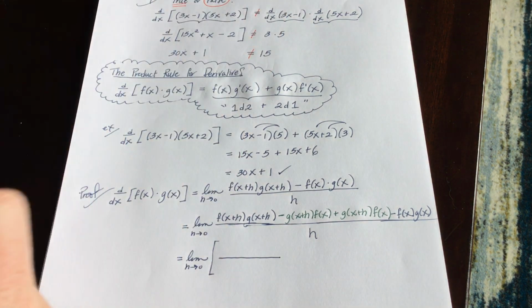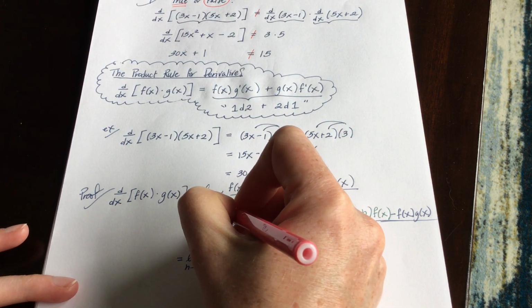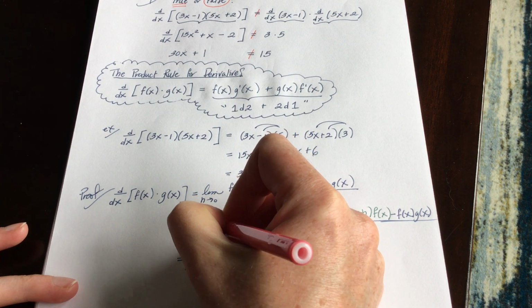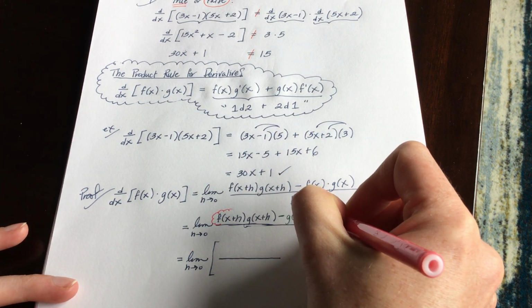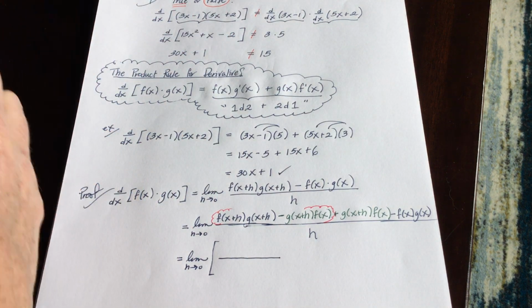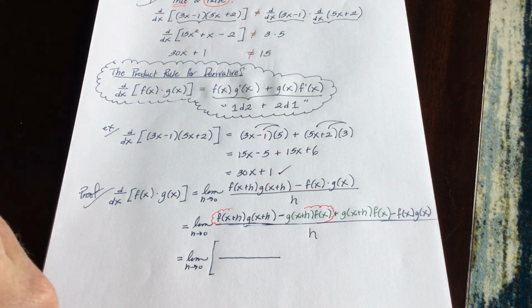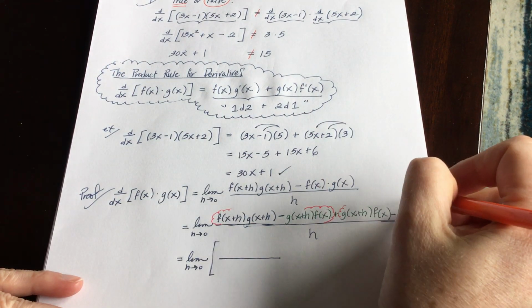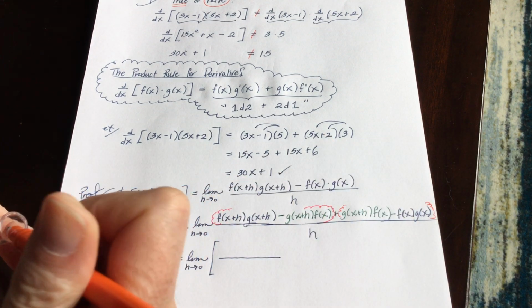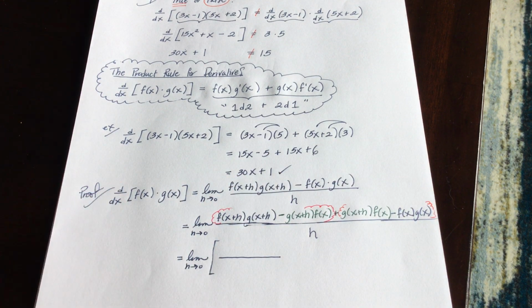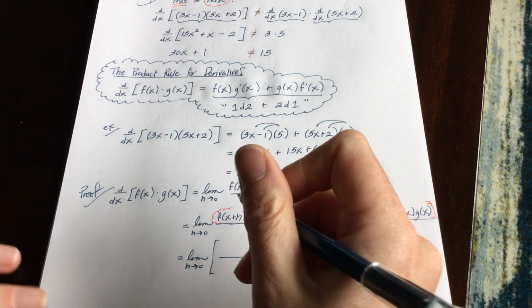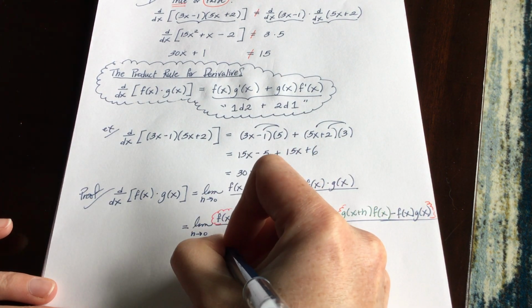And so what you're going to see me do is group these 2 together. And then you're going to see me group these 2 together. Okay, I now realize that these 2 colors of pen look a lot alike. But anyway, okay, so we're gonna write this like this.